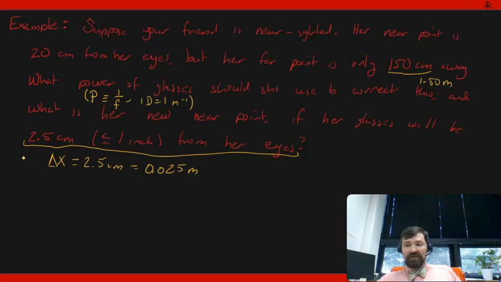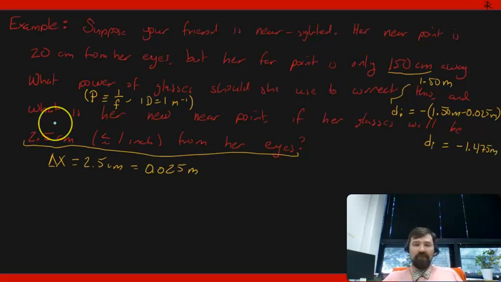Essentially, di will equal negative of 1.5 meters minus 0.025 meters. Basically, this distance for the far point minus the delta x. And so di is negative 1.475 meters for this problem.